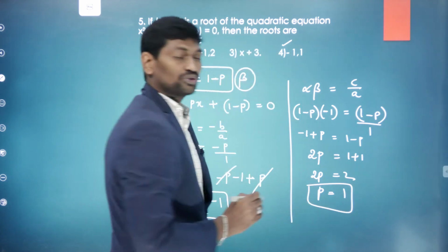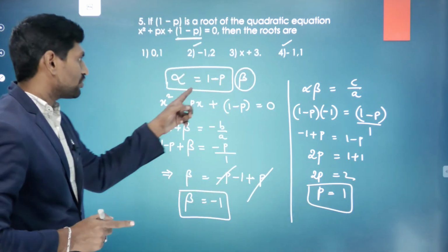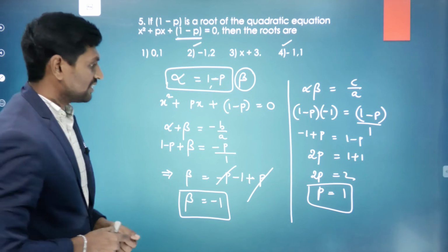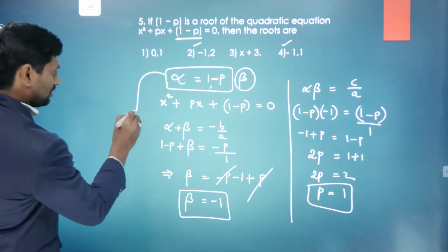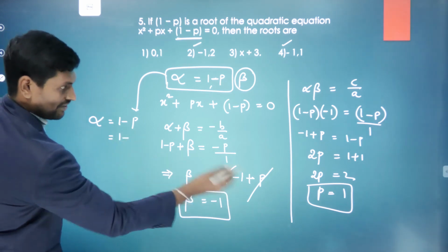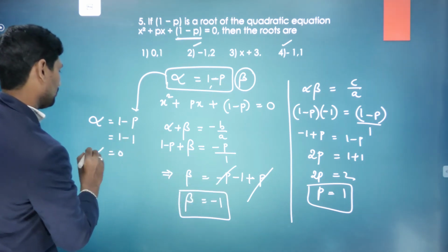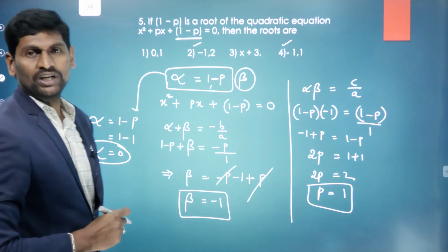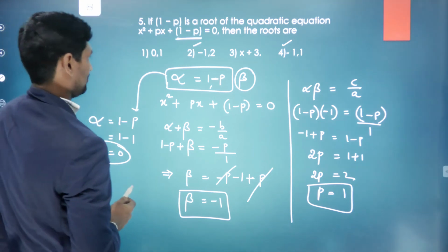But we should not take the p value as the answer. Alpha means what? 1 minus p. Now substitute the p value 1: 1 minus 1 is 0. So the alpha value is 0, beta value is minus 1. That is our answer.